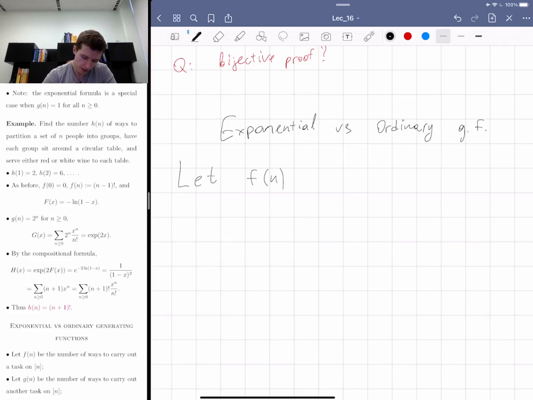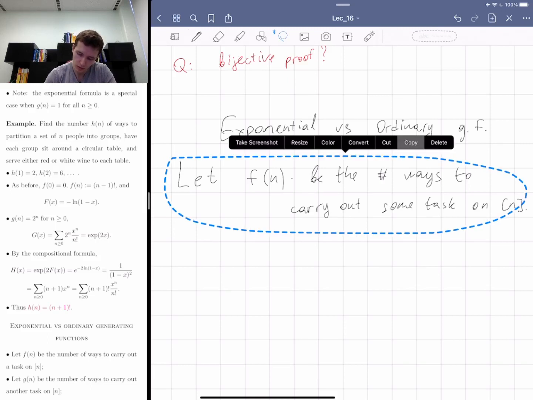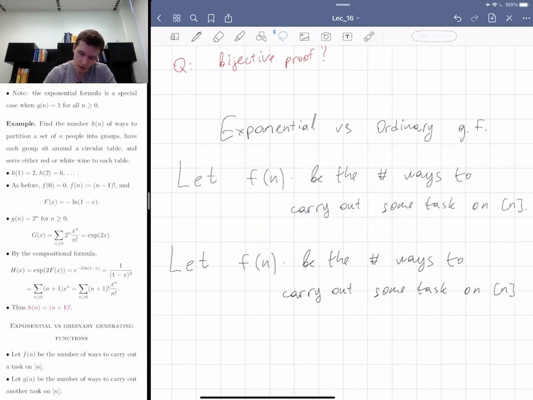So I'm going to think of f of n as the number of ways to carry out some task on the set bracket n, and let g of n be the number of ways to carry out some other task on bracket n.